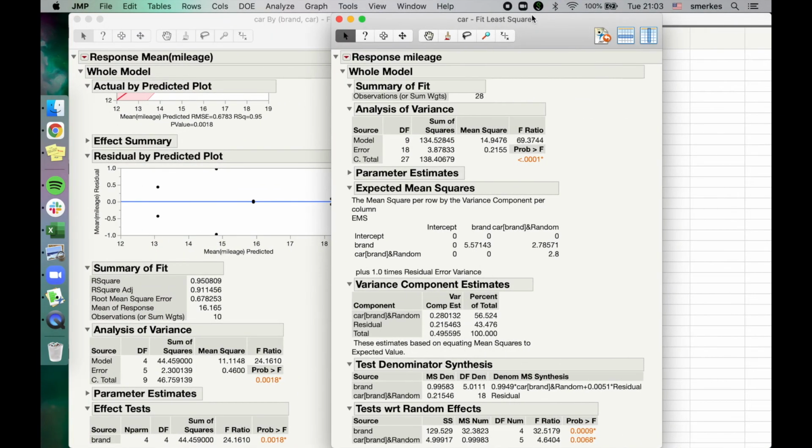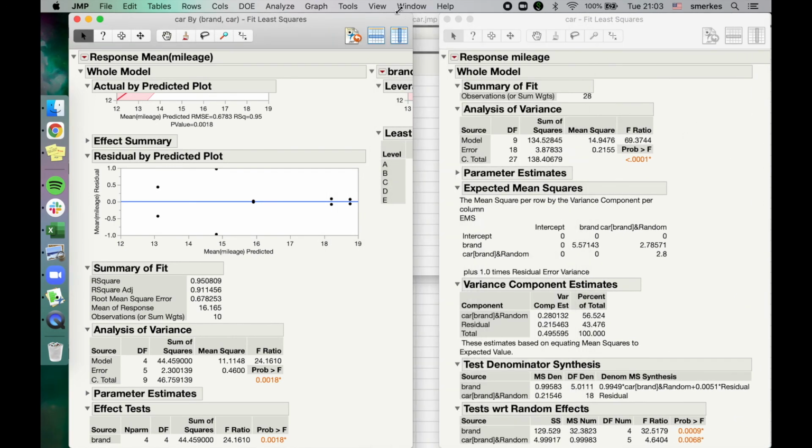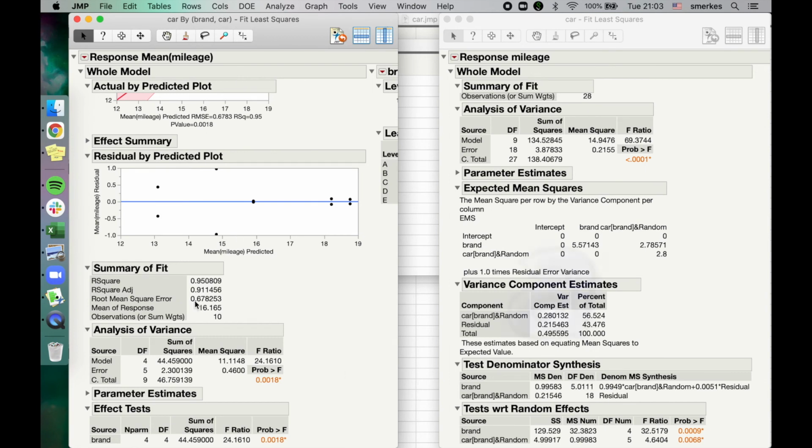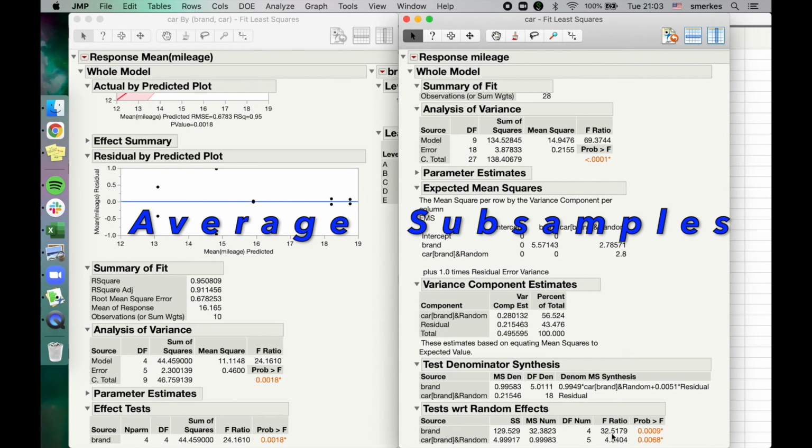We can see this one here, our far right one, was with subsamples, and this one here, our far left one, was with averaging. We can tell that these two results aren't the same. And this is the effect of doing a CRD. This side right here is a CRD analysis that is unbalanced versus doing a subsampling.